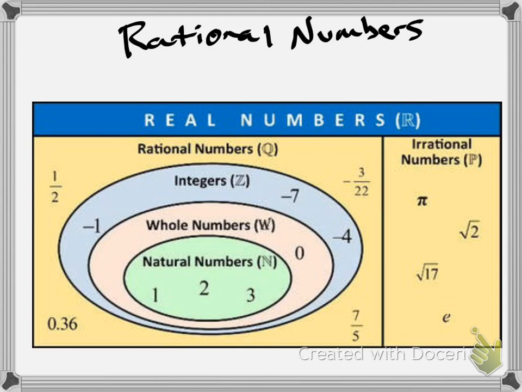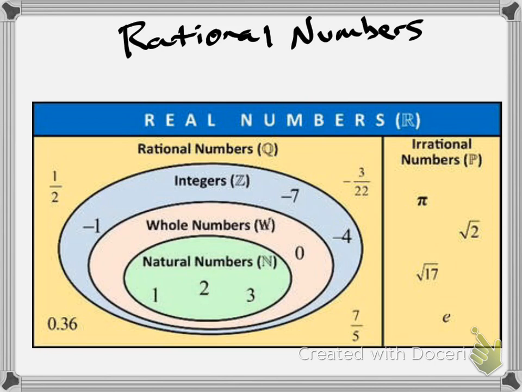Integers, which we've worked with this year, also include all of our whole numbers, so that means all of those 1, 2, 3, 4, and 0. But integers, as we know, also include negative numbers. Well, rational numbers are some other things that we've actually done work with. We just haven't called them rational numbers before.